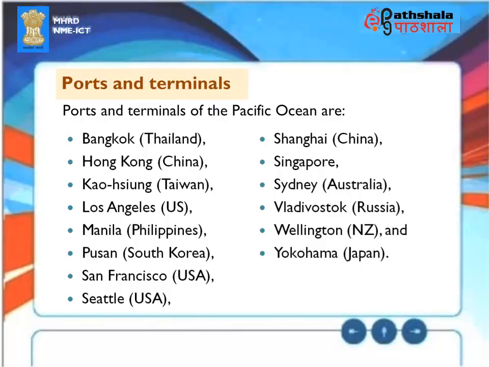Ports and terminals of the Pacific Ocean are Bangkok, Thailand; Hong Kong, China; Kaohsiung, Taiwan; Los Angeles, US; Manila, Philippines; Busan, North Korea; San Francisco, USA; Seattle, USA; Shanghai, China; Singapore; Sydney, Australia; Vladivostok, Russia; Wellington, New Zealand; and Yokohama, Japan.